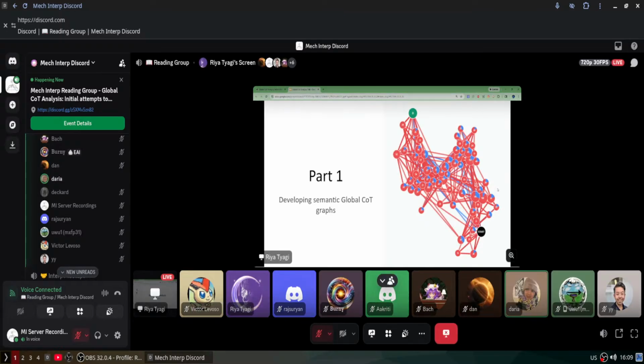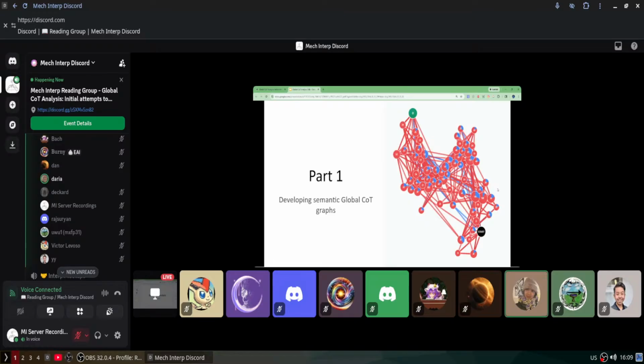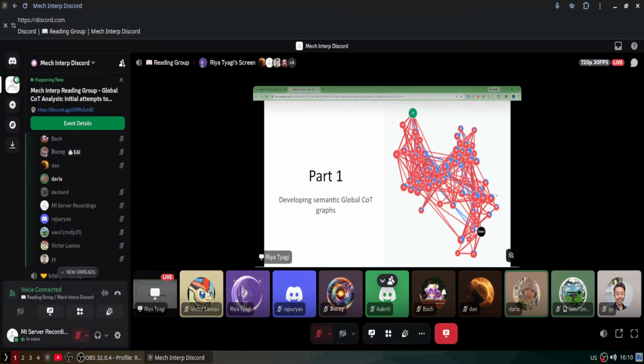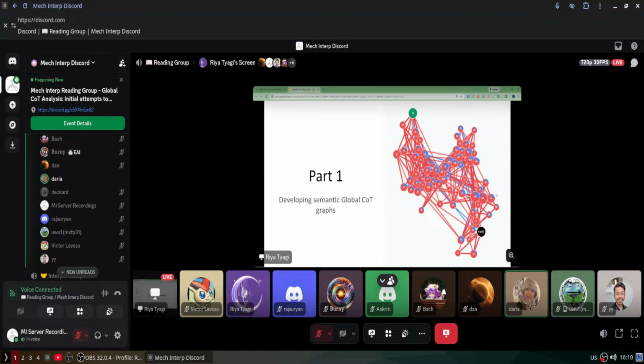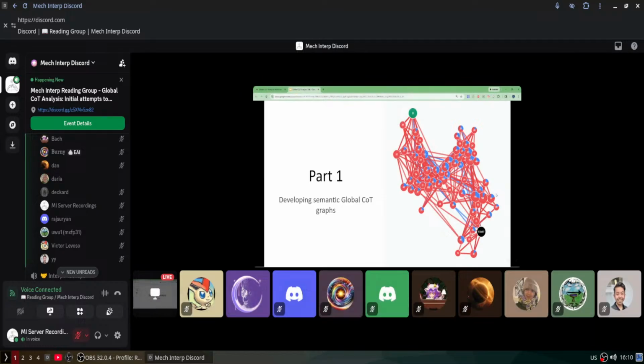Our first idea, or I guess there was an attempt at the start, was clustering by activation similarity. This isn't covered here because that just produced really messy graphs. The idea was to group all the things that have high enough cosine similarity in their last layer residual stream activations, maybe on the last token; we tried a couple of things.